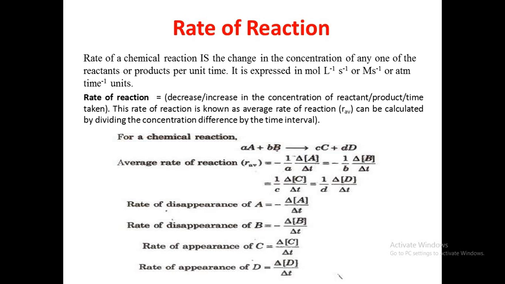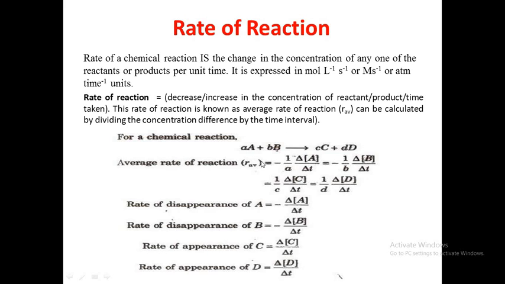So the unit will be mole per liter per second, okay, or mole per liter is also represented by capital M. So molar per second, or in case of gaseous reactants, atm per time or atm per second.